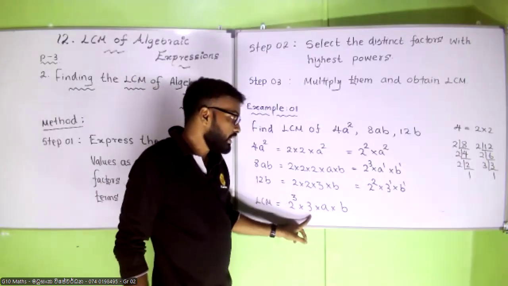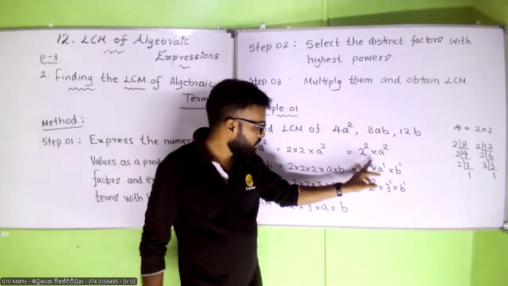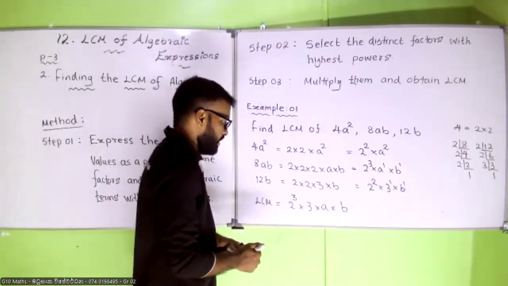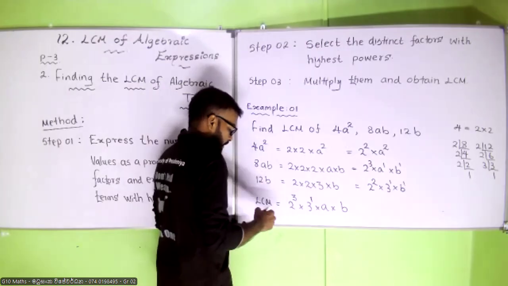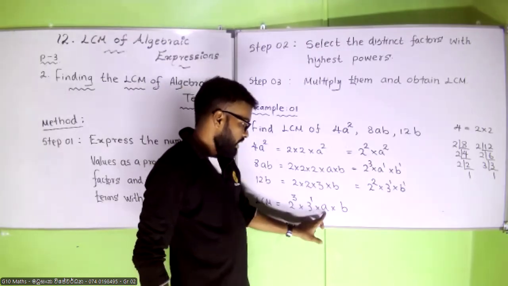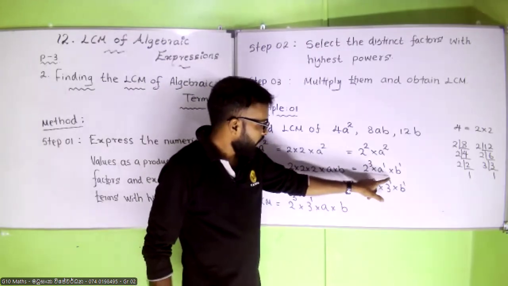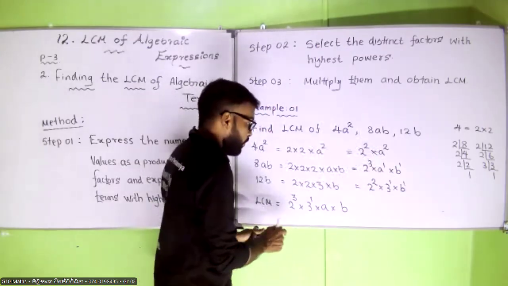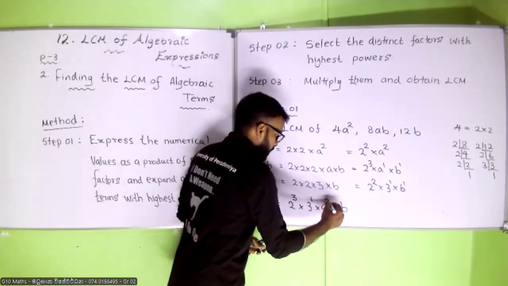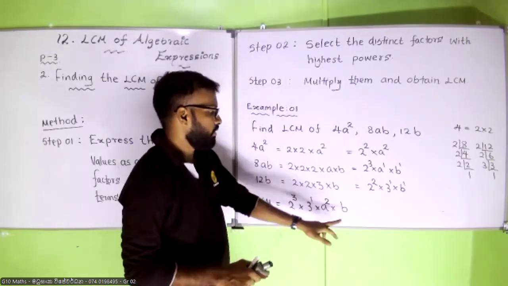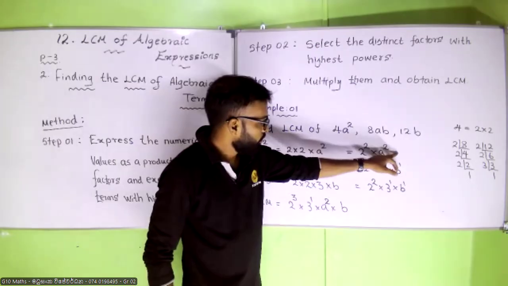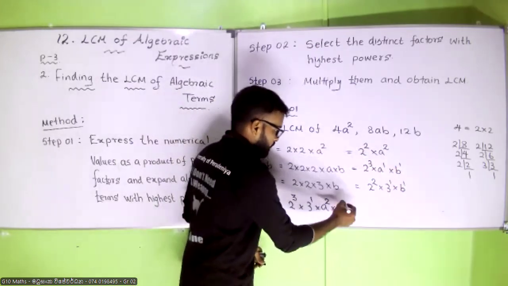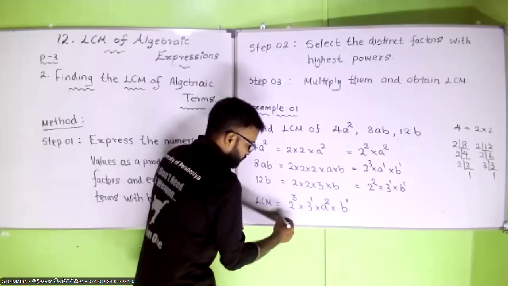When you consider 3, the highest is 3 to the power 1. When you consider a, a to the power 1 and a to the power 2, the highest is a to the power 2. When you consider b, b to the power 1.